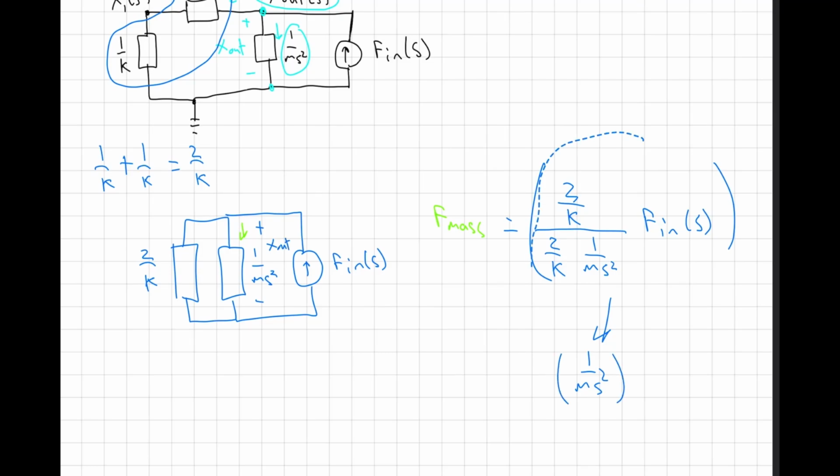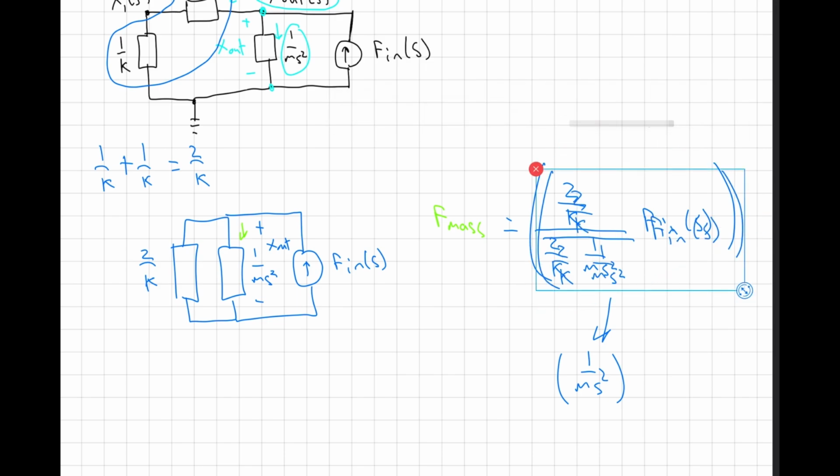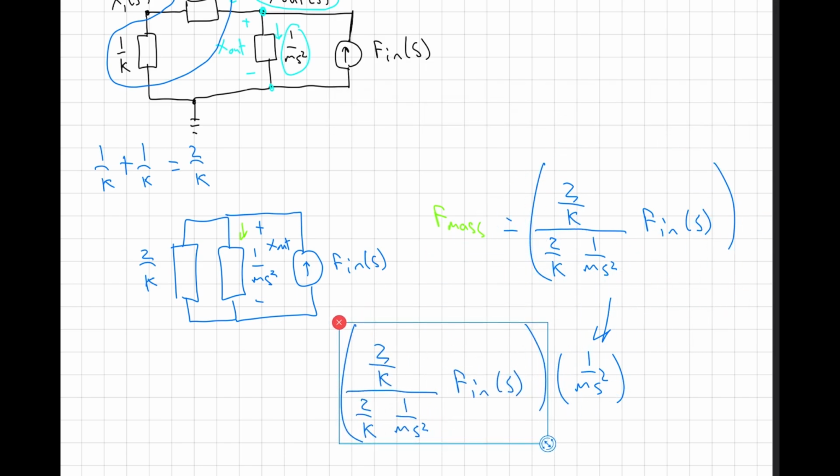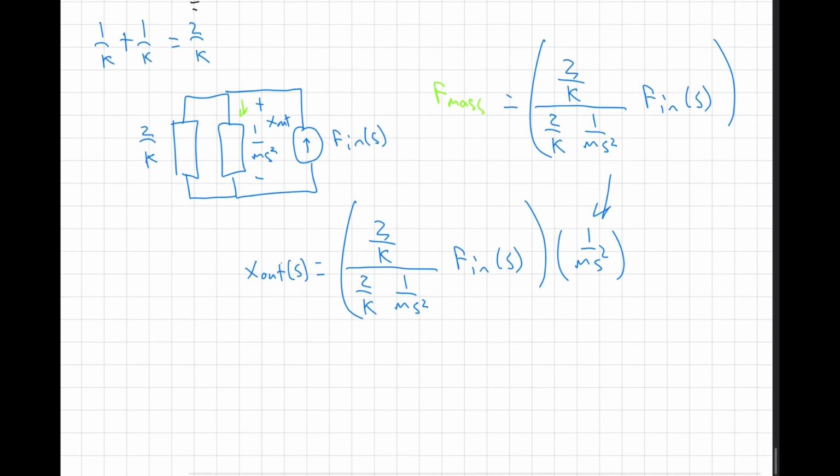So I duplicate this. Multiply these two together. This equals X out of S, and we're asked to find the transfer function, so X out of S over Fn of S.